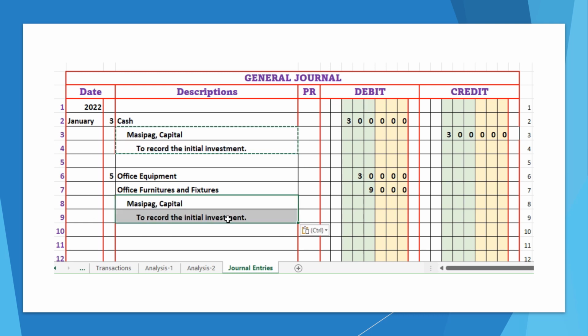Okay. So, how much is the capital again? 39,000. Okay, 39,000. Then, we are going to edit this one. Instead of initial, we're going to make it additional.